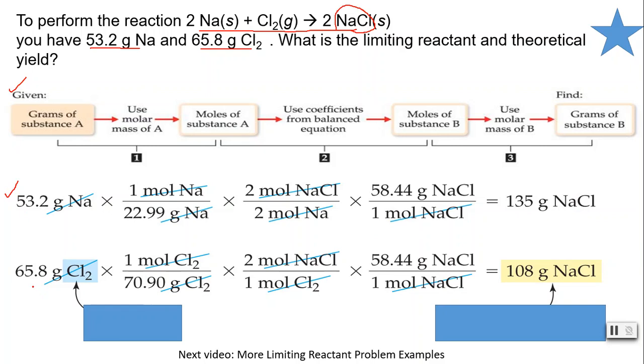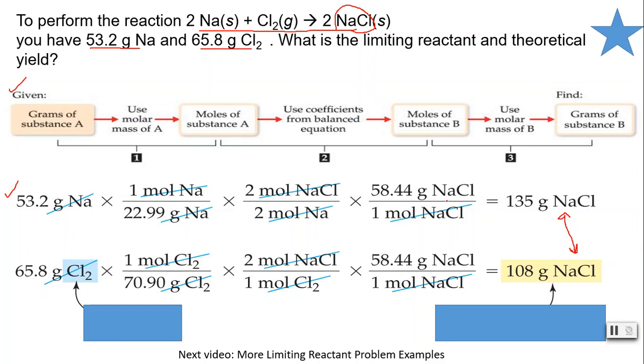And then in the second calculation, I start with the amount of the second reactant, specifically 65.8 grams of chlorine gas, calculate how many grams of sodium chloride that gives me, and then I compare these two to determine what's my theoretical yield and the limiting reactant.